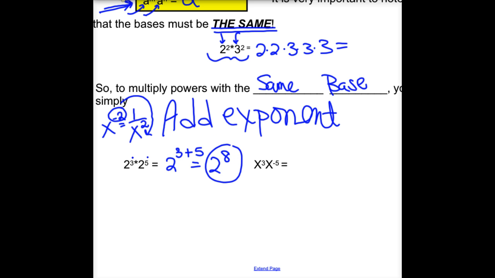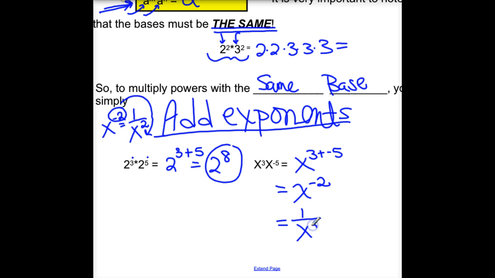On the next one, I'd have x to the 3rd plus a negative 5. I simply add the exponents. That gives me x to the negative 2, but we don't ever leave negative exponents in this level of math and beyond, so we really need to know that this means to divide by x twice, which sends it to the other level.